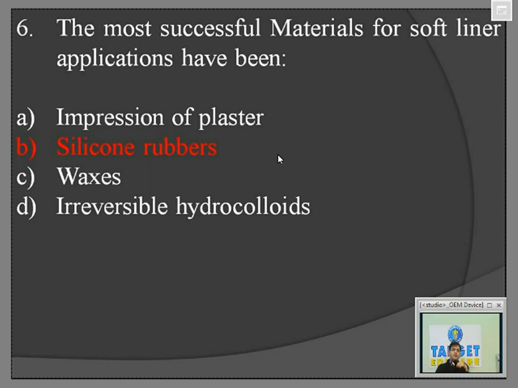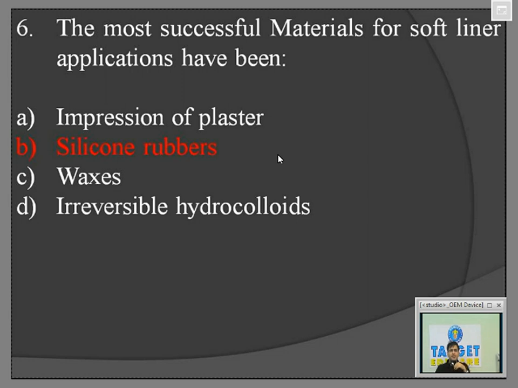Till date, we do not have any soft liner material which has all the ideal properties. Acrylic based materials have less resilience as compared to silicone based liners, but on the other hand, they possess greater bond strength to the acrylic.